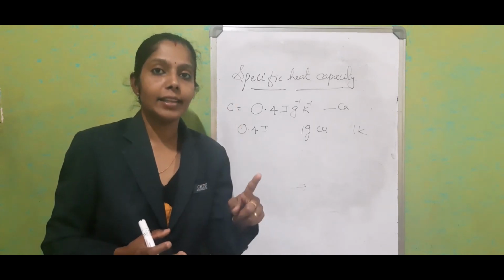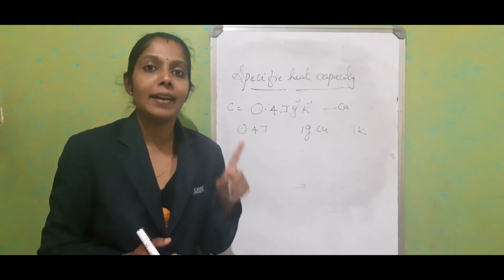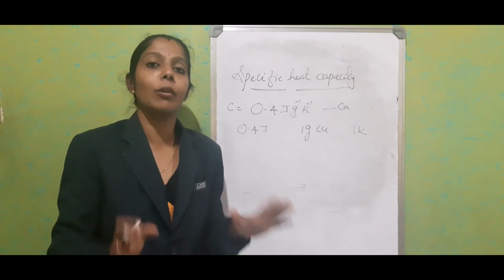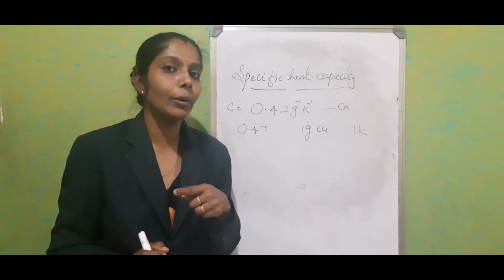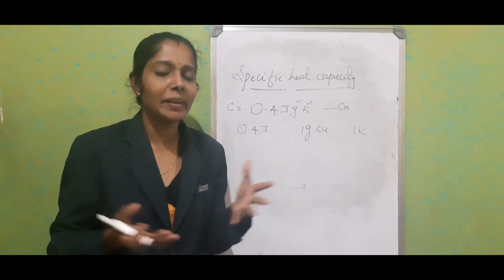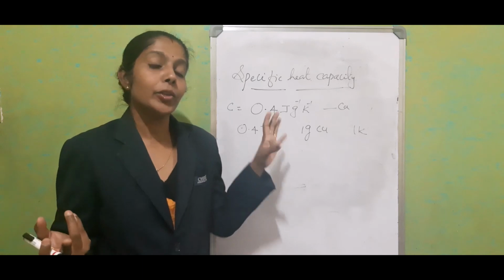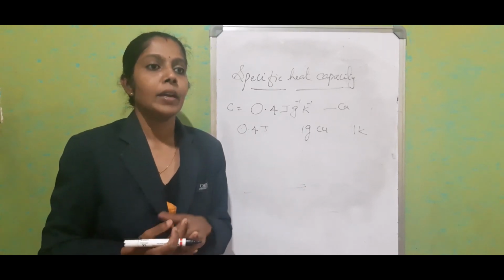So if 1 kg of water or 1 gram of water is there, the specific heat capacity will be common. It's a constant value. But for heat capacity, the amount of heat energy required to raise the temperature of 1 gram of water and 1 kilogram of water will be entirely different.